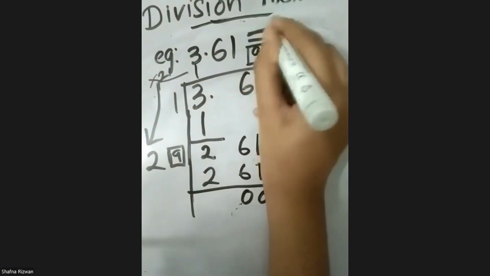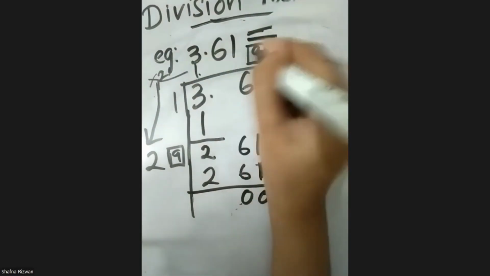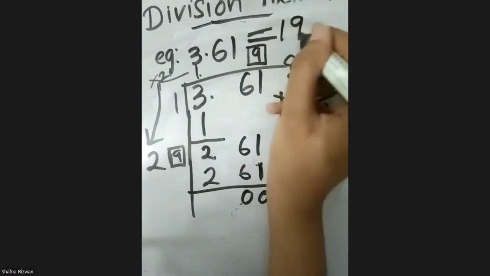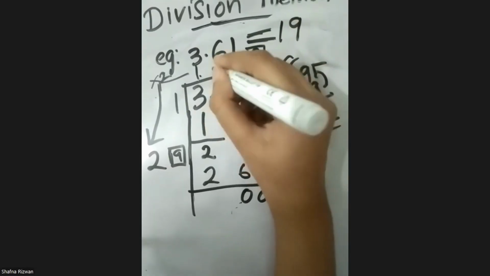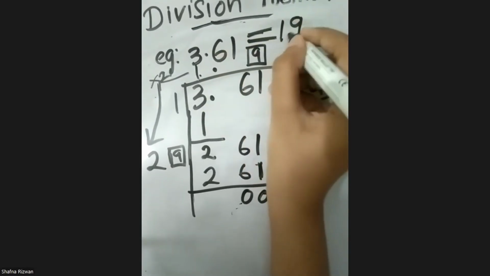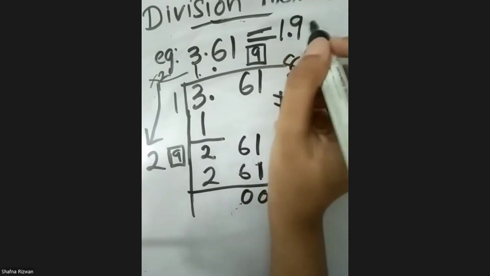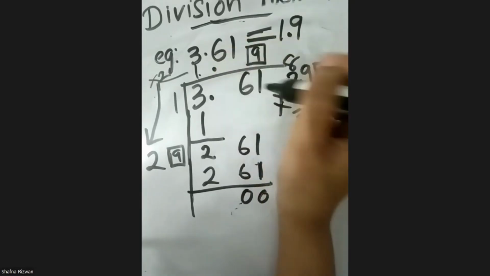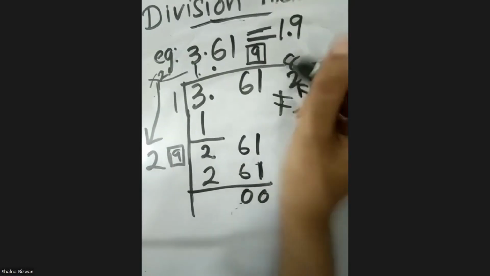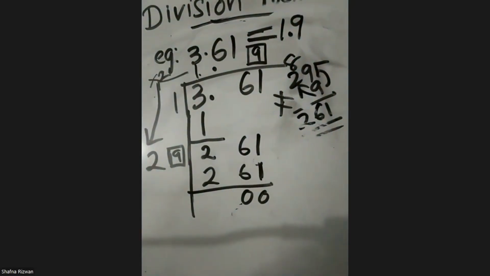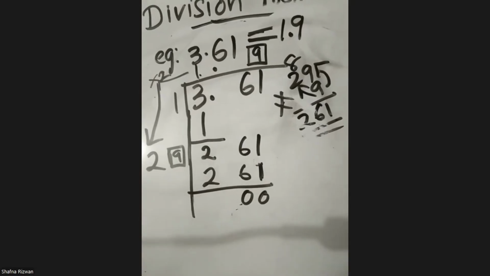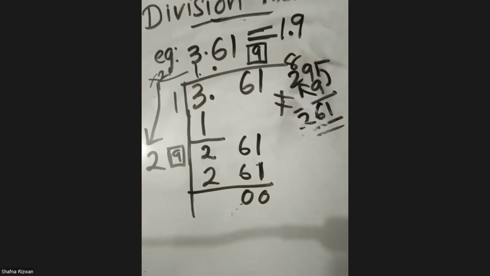The square root of 3.61 is equal to how much? That is 1 and 9, but not 19. The point is here, so write the point here. So 1.9 is your square root of 3.61. The answer, the square root is 1.9.